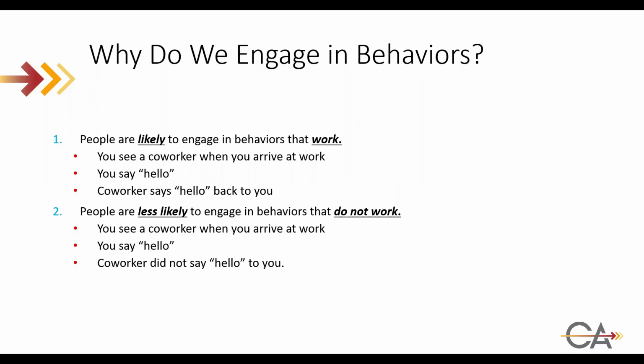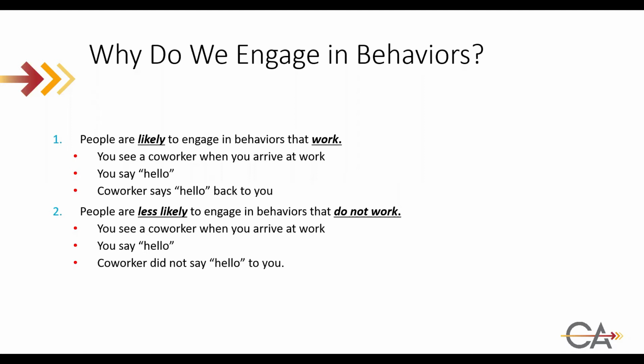All behaviors work the same way. There's a reason why they're working. There's some sort of consequence they like that's coming out of that behavior, and it's working, or it has worked in the past. The less likely that behavior is to work, the less likely they are to use that behavior.